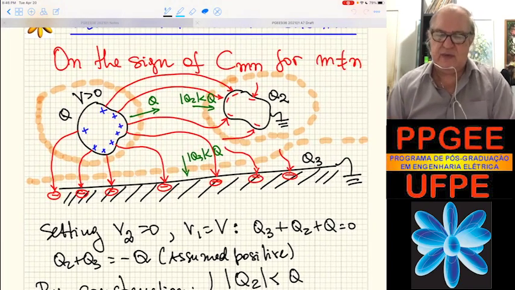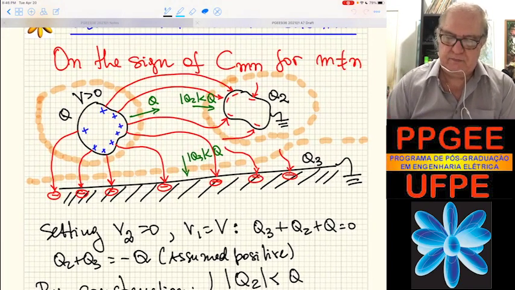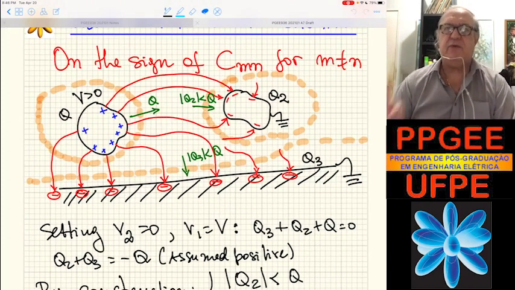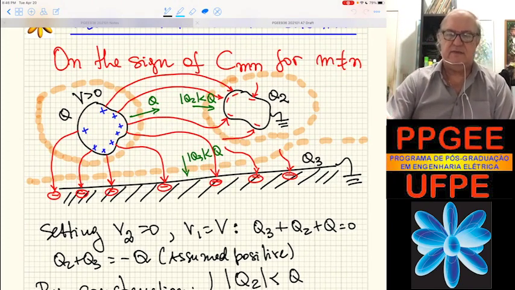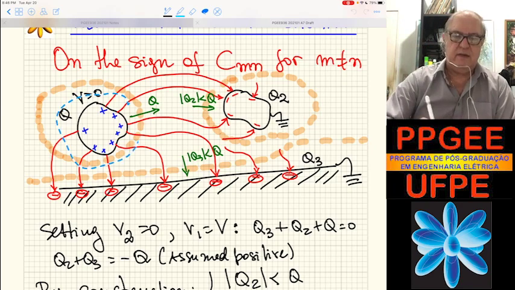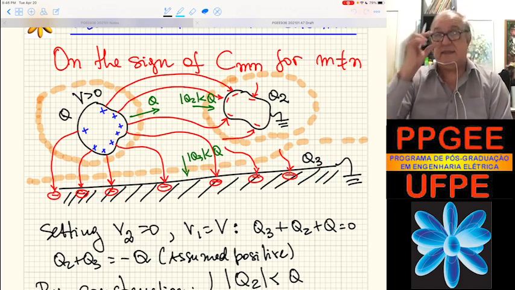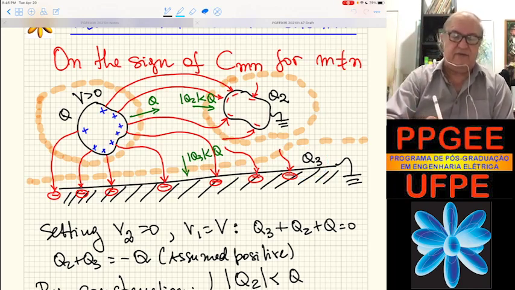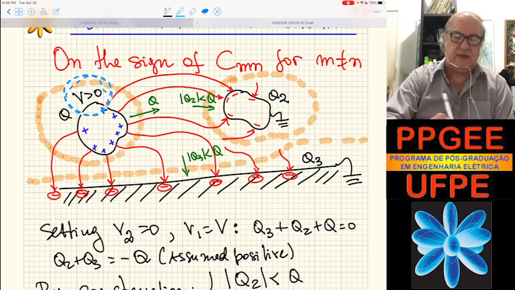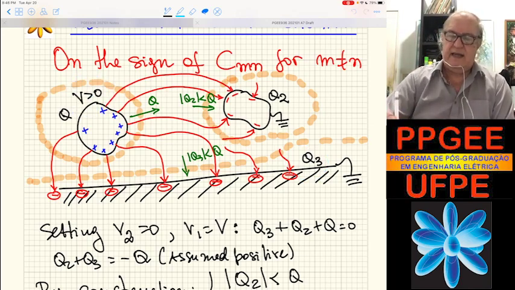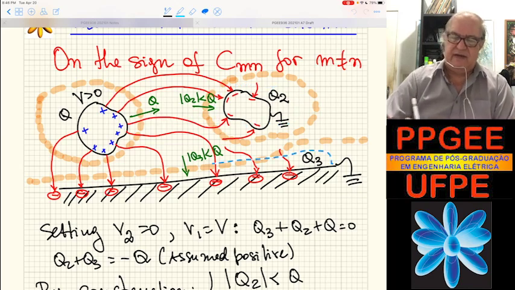Let's assume that we have a system of 3 conductors, like shown here: conductor 1, conductor 2, conductor 3. Then I energize the system such that I apply a voltage on this electrode here, and I ground the second electrode, and this is the reference one, okay?